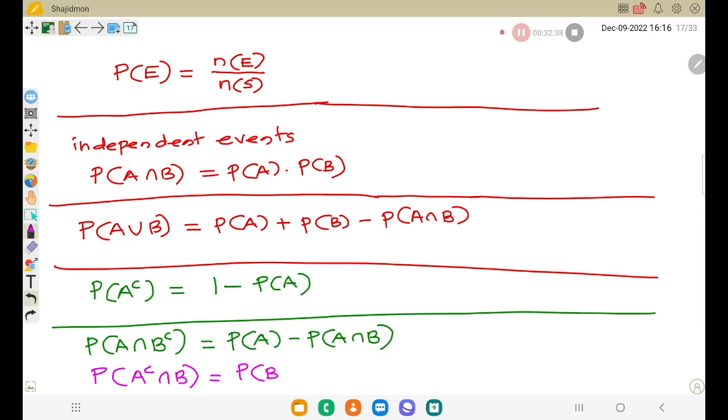Probability of B minus probability of A intersection B. So these are the rules we need to memorize.